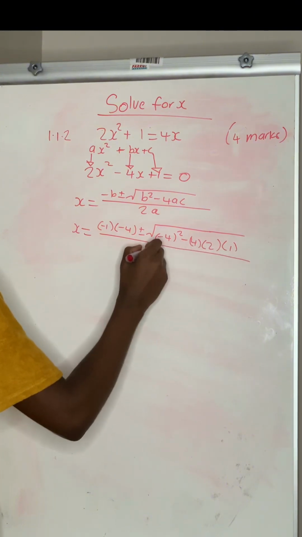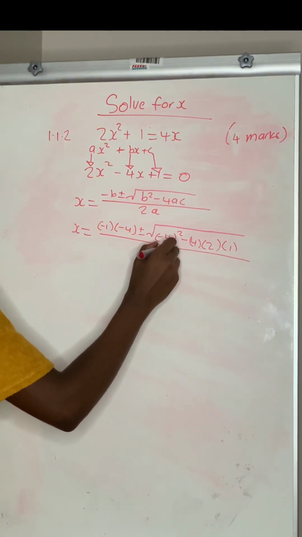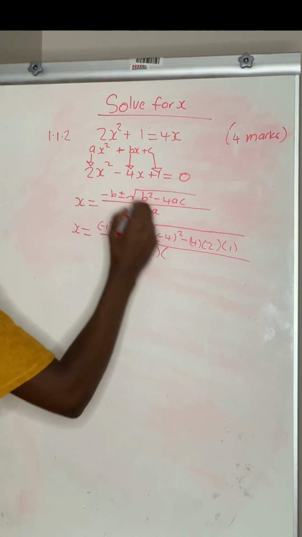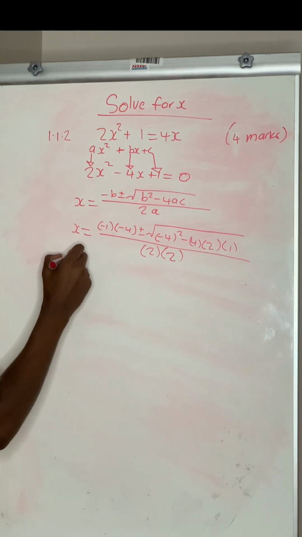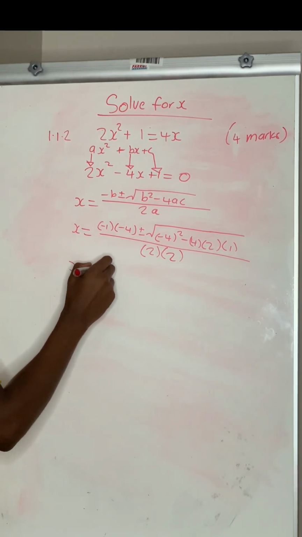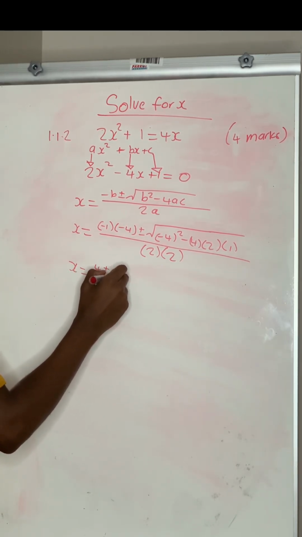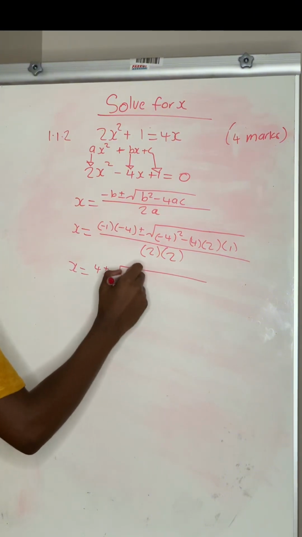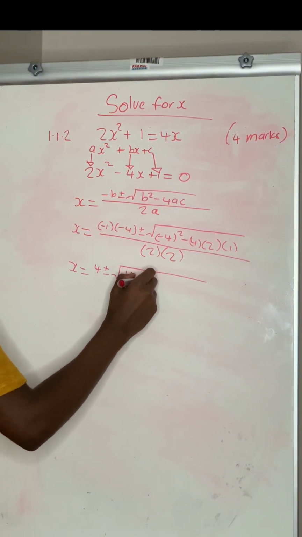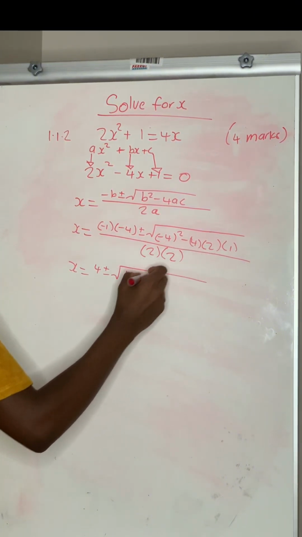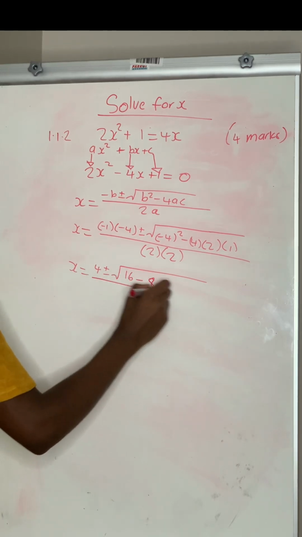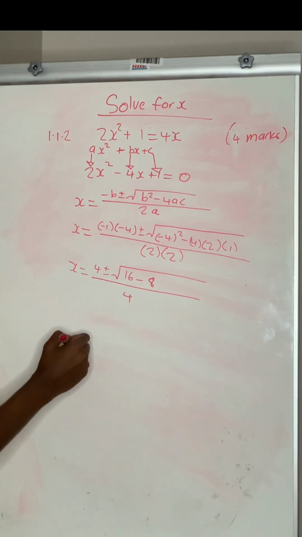And then all of that is divided by 2 multiplied by our a, which is positive 2 again. So it's x is equal to positive 4 plus minus the square root of 16 minus 4 times 2 times 1, that is 8. And then all of that is divided by 4.